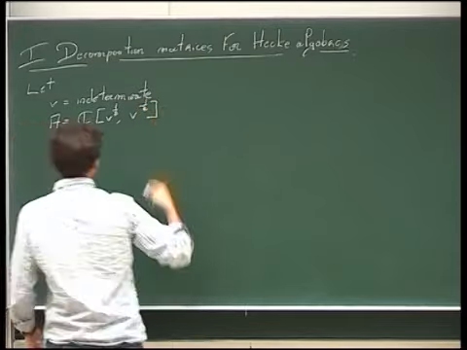And we will choose a map. So take W to be a finite Lie group with a generating set S, which will be the set of simple reflections.